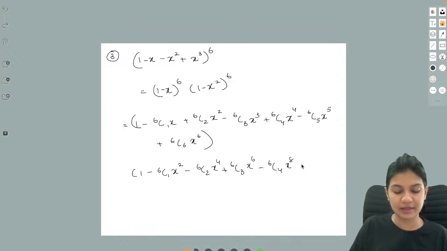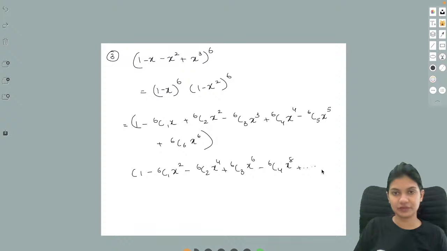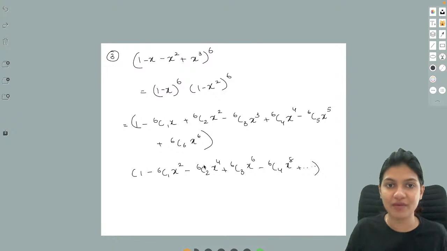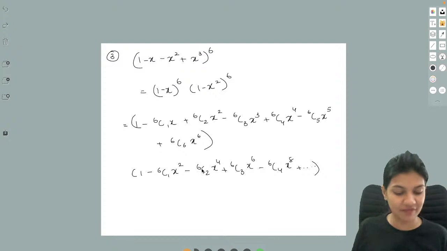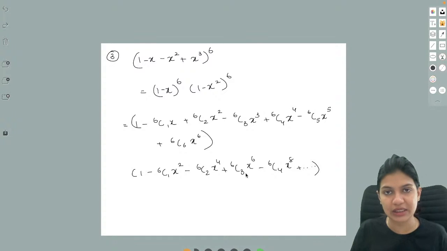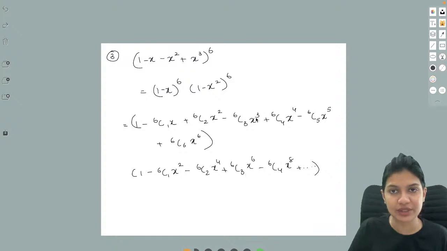Likewise it will go. The question is the coefficient of x to the power 7. When will x to the power 7 be formed? It will be formed by this into this, and this into this, and also this into this.